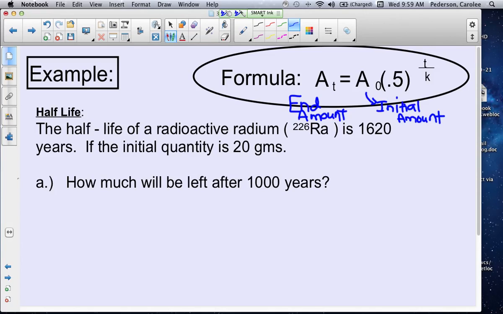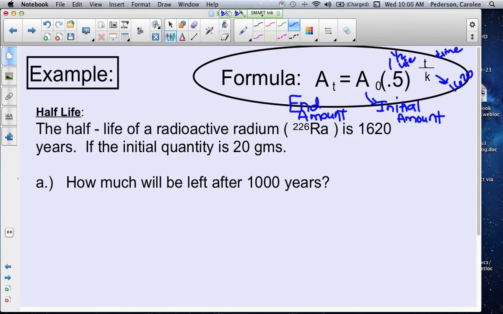We want it to split in half. Then the t is your time. And then your K is how long it takes for that material to decrease in half. So they'll give you that length of time. In this problem, it is 1620. It takes 1,620 years for that radium to decrease in half.